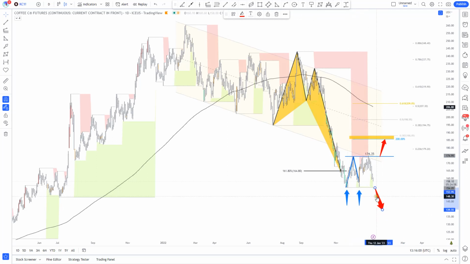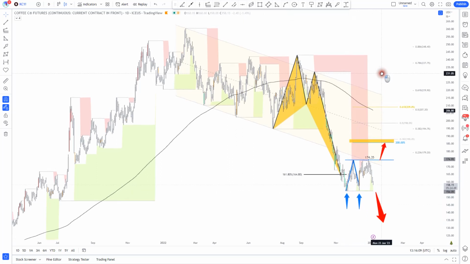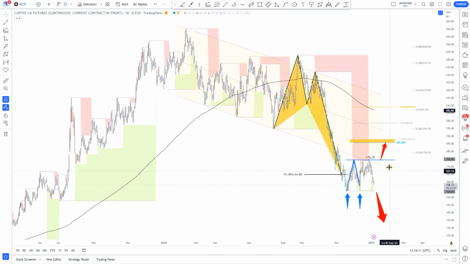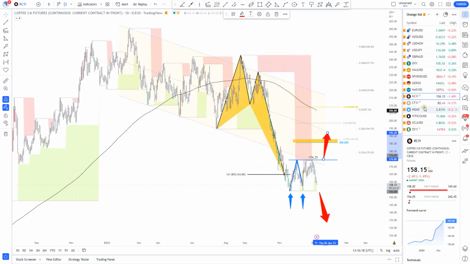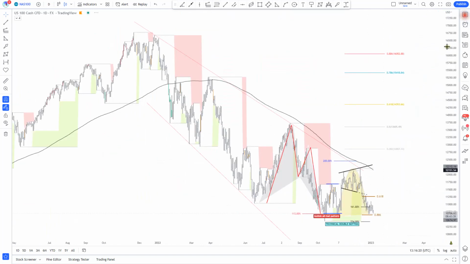So wait for the breakout if you want to add your shorts for coffee. But even though we need to wait for a clear violation of this fractal, one for the downside or 174.35 to the upside. Now, Nasdaq.